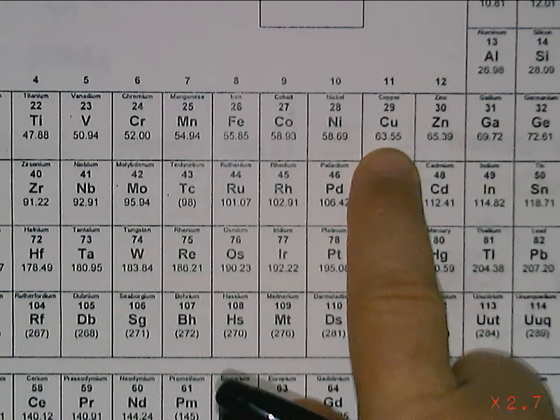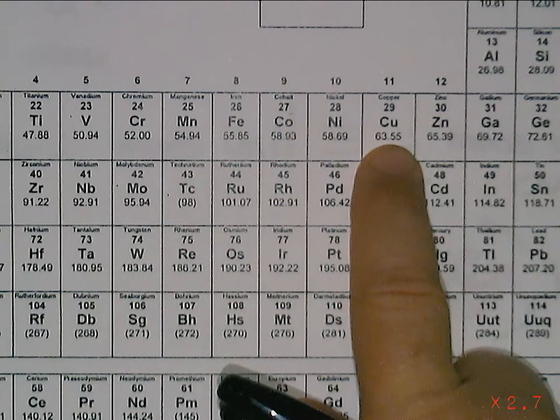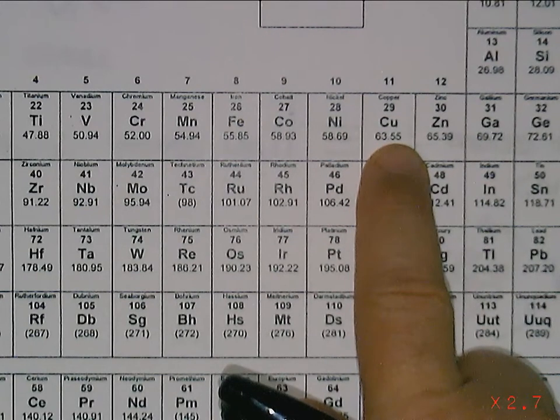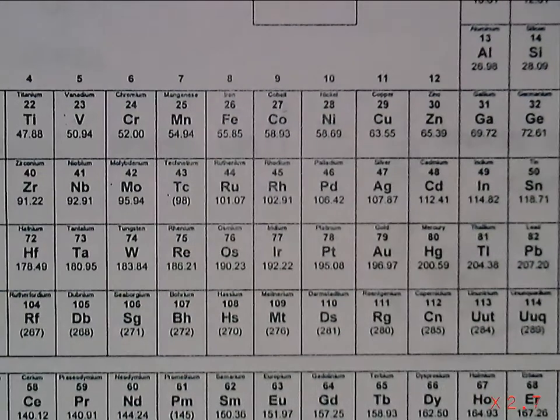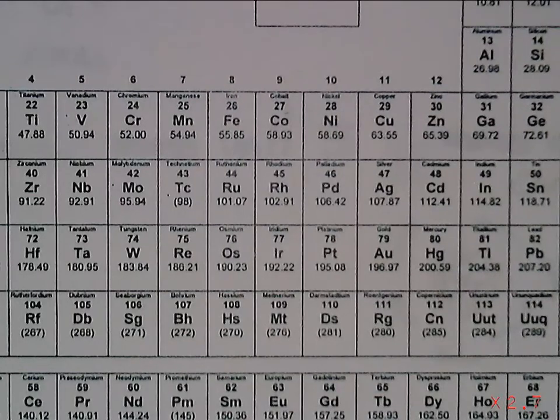There are several isotopes of copper atoms, but if you look at the average mass of all atoms of copper on Earth, it's 63.55 U. So it's pretty easy for you to get the masses of atoms in atomic mass units.